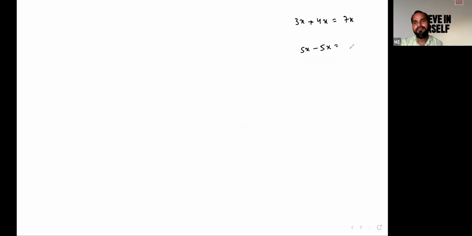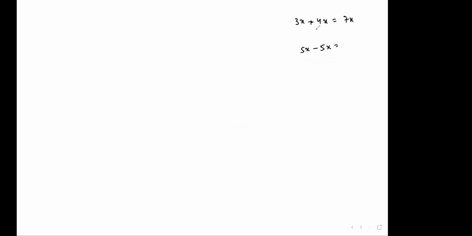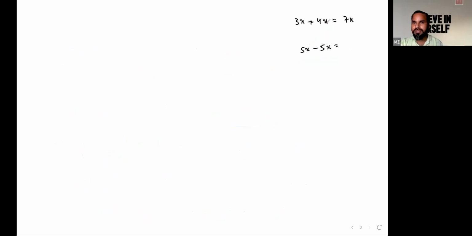For this, I'm giving you one relation. Suppose you have to add 3x plus 4x, and you have to subtract 5x and 5x. Tell me the first answer. 7x. Good. And for the second? 0. While adding or subtracting, only the coefficient changes, but the variable remains the same.